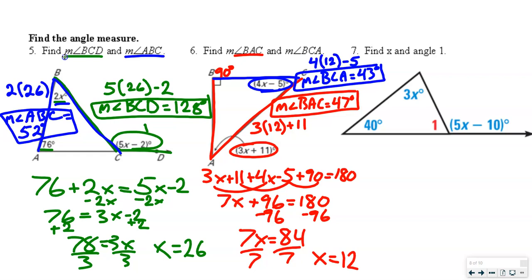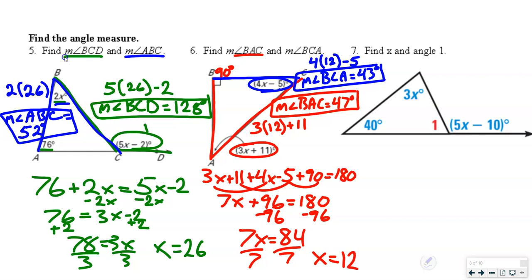So then in number 7, we need to find x and angle 1. So we're using the exterior angle theorem and also linear pair, because we see angle 1 is a linear pair with 5x minus 10. Really, we could also use the interior angle theorem once we find x to tell us what angle 1 is also.